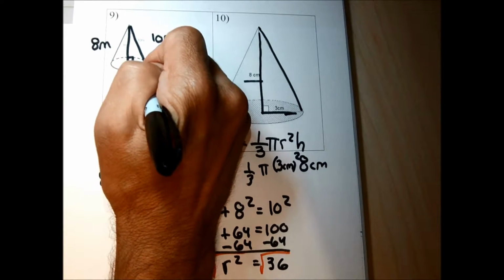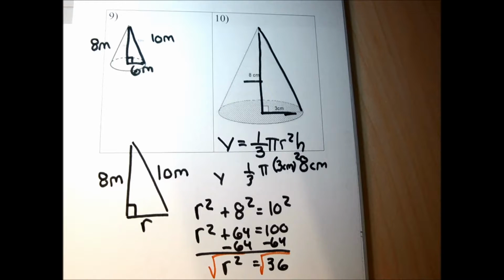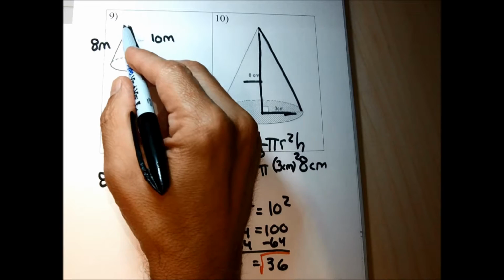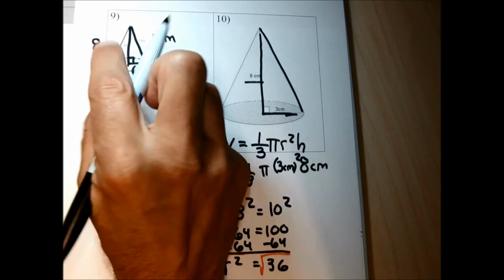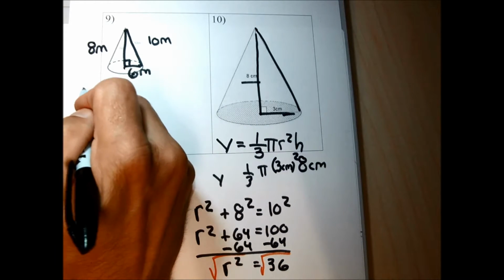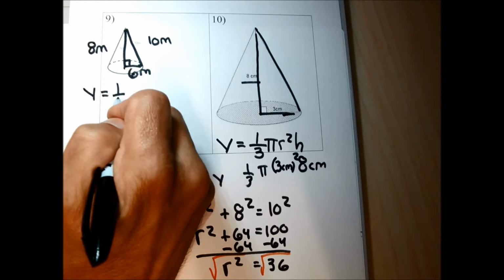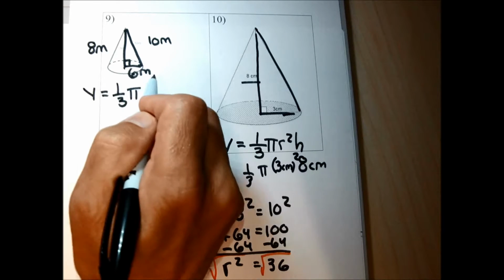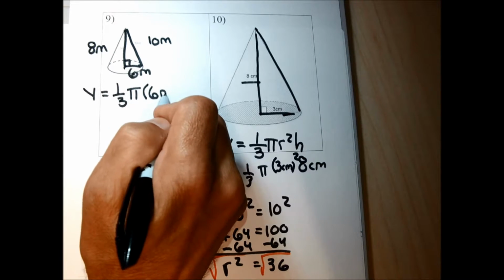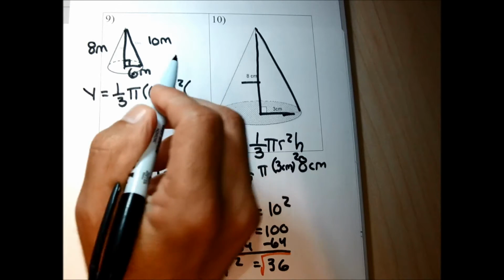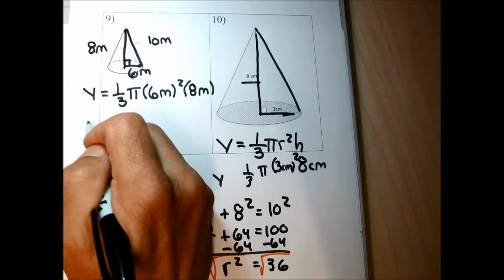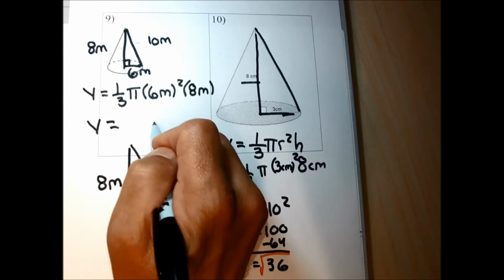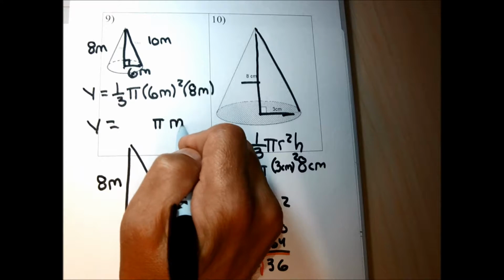So your problem 9 was a big step up in difficulty from my problem 10. Now I have multiple lengths, but the 8, the distance from the center of the base to the point, is the height, and this 6 meters is the radius. So your volume is going to be 1/3 pi from the formula, and in for the r I'm going to put 6 meters squared, and in for the height I'm going to put 8 meters. Now I'm going to do everything except I'm not going to work with the pi, and I'm not going to work with the units.